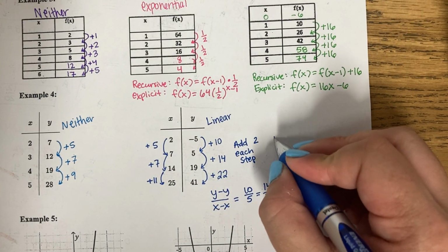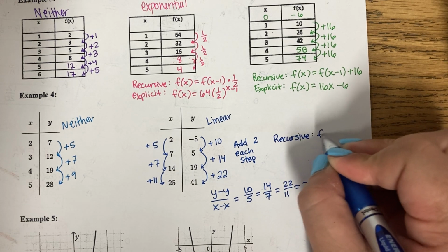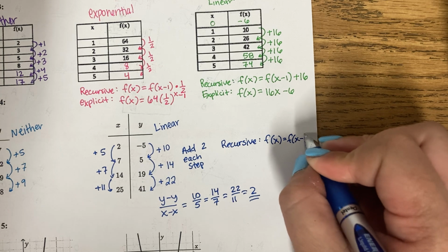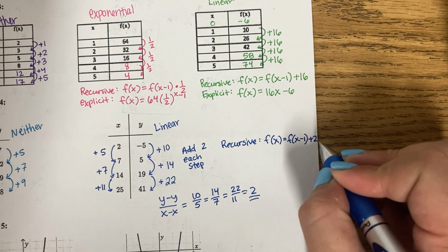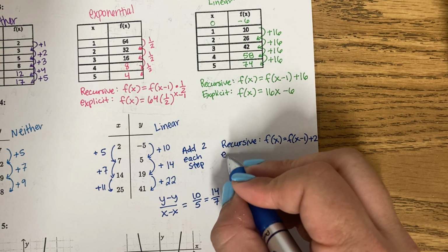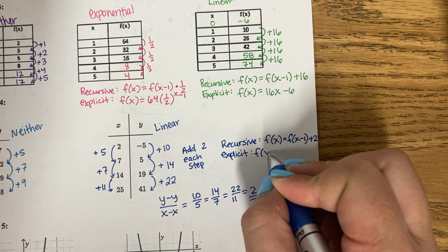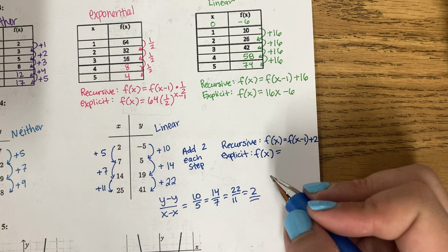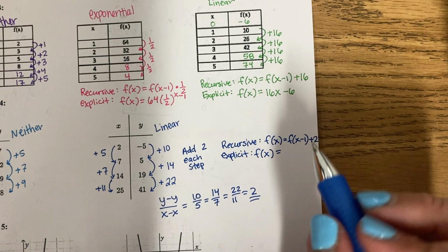So I'm going to write a recursive, which is f of x equals f of x minus 1, which we get bored of because it's just the same. And I put a plus 2 for my pattern. Explicit f of x equals, let's see, my y-intercept.